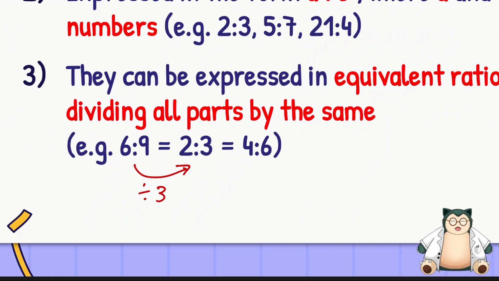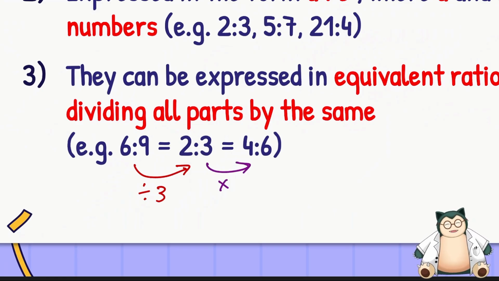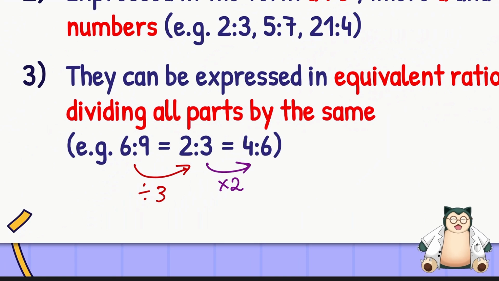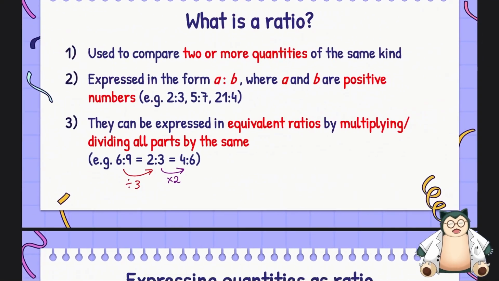If you want to express it in higher numbers, we can also multiply both parts by the same number, in this case multiply by 2, and we get 4 is to 6. All of these are acceptable ratios, but in our final answer for our questions, we always express it in the simplest form.